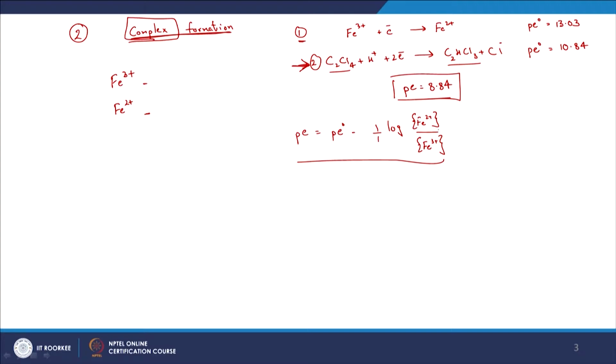And we now know that Fe2+ and Fe3+ concentrations are not going to be the same as the Fe2+ total, which was 10 power minus 3, and Fe3+ total, which is also 10 power minus 3. We know that the free metal Fe2+ and Fe3+ concentrations are going to be lower than the total Fe2+ and total Fe3+ that you are putting into the system, or have in the system, right.